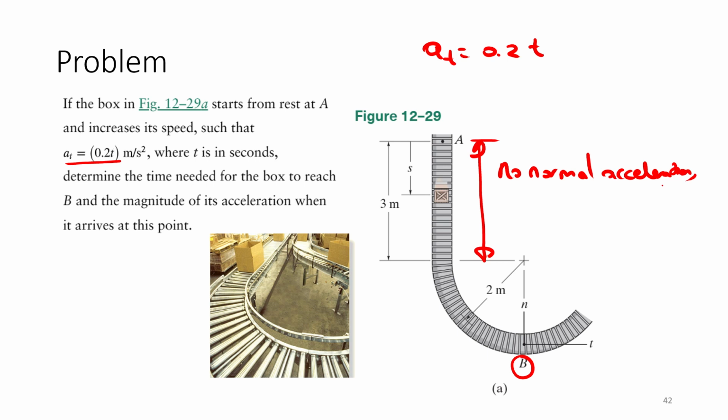The reason, as I told in the first video, is that the radius tends to infinity, and therefore v squared by rho tends to 0. Therefore, we need to analyze the problem from A to, let me call this portion C, from A to C and then C to B. And let's do that.